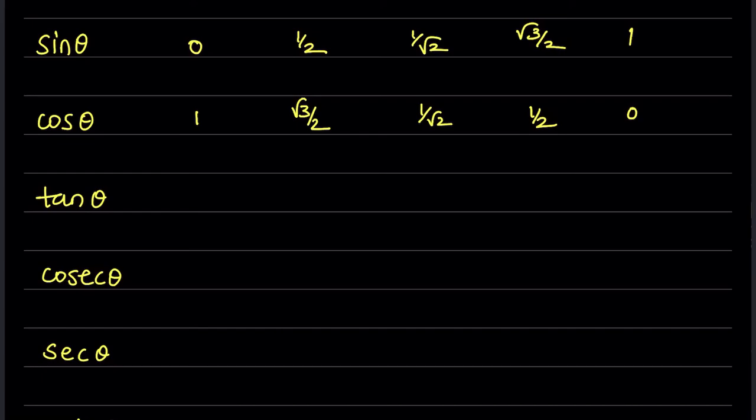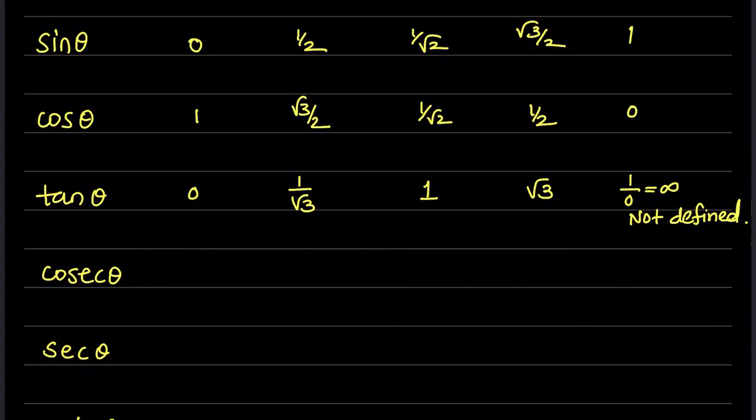So 0 upon 1 is 0. 1 upon 2 upon root 3 upon 2 is 1 upon root 3. Here 1, then root 3 and 1 upon 0, which is also written as infinity, not defined. Now for cosec theta, all of us now know that cosec theta is the reciprocal of sin theta.